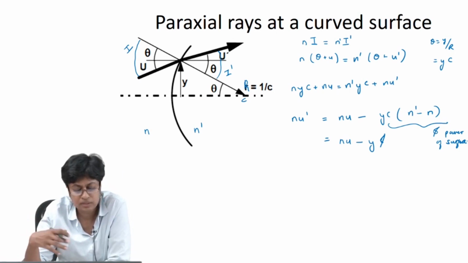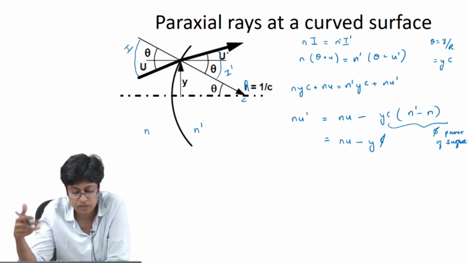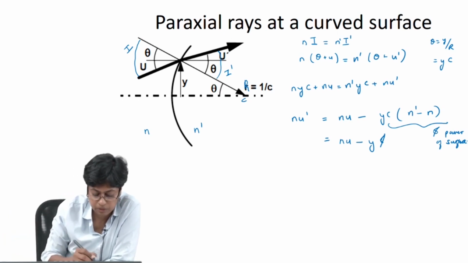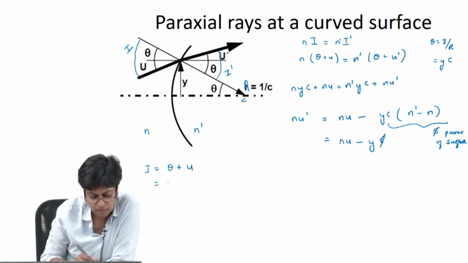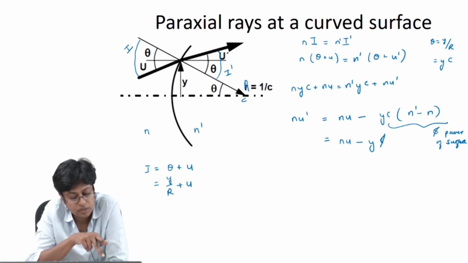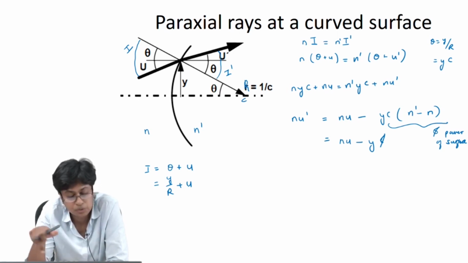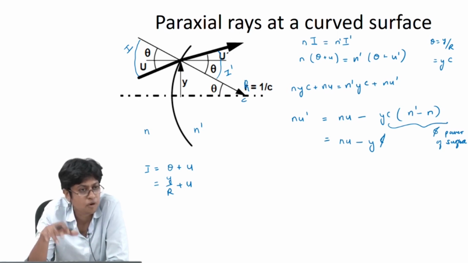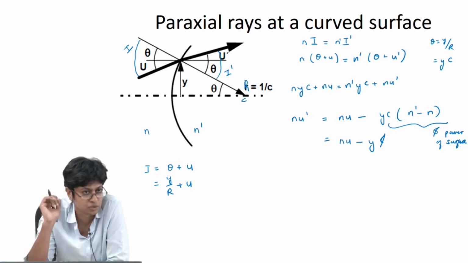OSLO uses these equations. It also uses the simple equation I is equal to theta plus u, in other words, theta was nothing but y by r plus u. So OSLO uses this equation for I, the equation for y, the equation for n u dash, and some form of y u i or y n u to trace rays through the system.